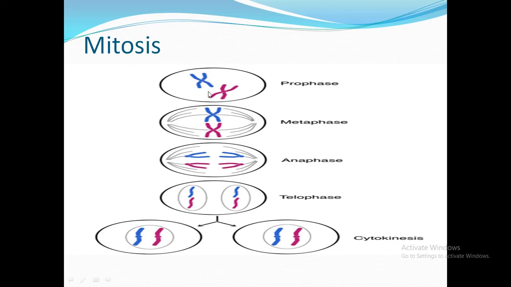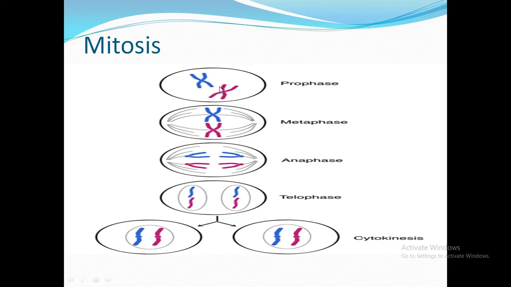During prophase, the nuclear membrane disappears, the cell organelles disappear, and the chromosomes start condensing. At the end of prophase, the chromosomes become condensed. These chromosomes are formed from chromatin, and you know very well that chromatin is made up of DNA plus histones and non-histone proteins.